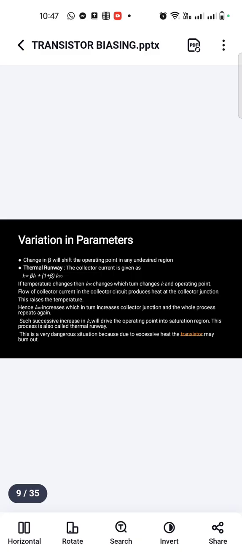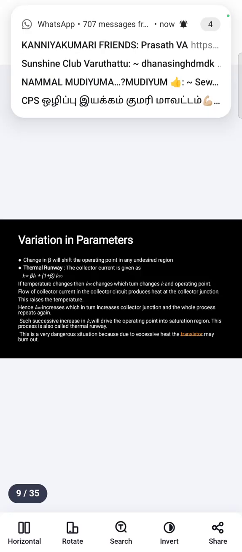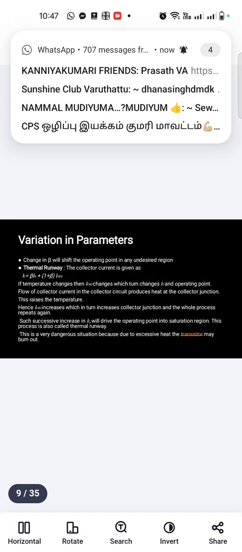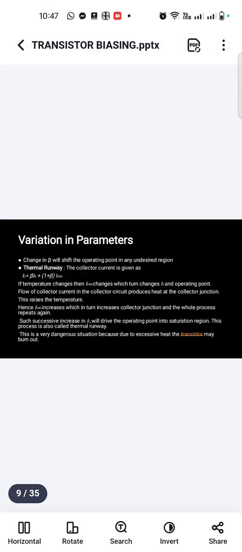The transistor may be destroyed or damaged. Why does it happen? If the temperature increases, the collector current increases, so more current flows and more heat is produced. Due to this more heat, this forms one loop. Again and again it happens. That is what thermal runaway is.